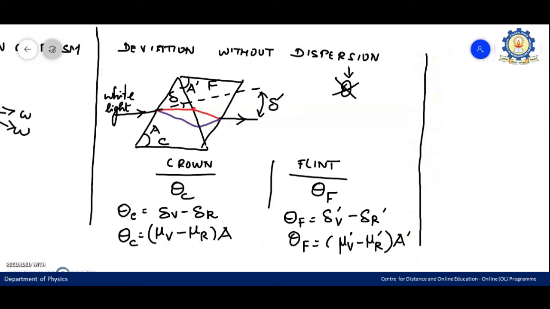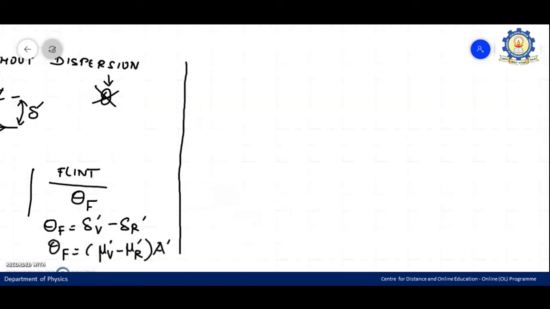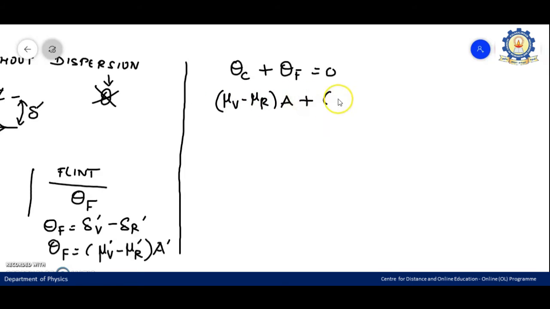So for achromatic combination, what we have said is that the net angular dispersion must be equal to 0. Angular dispersion of the crown plus angular dispersion of the flint must be equal to 0. So let us write the equations with the refractive indices. (mu v minus mu r) into A for the crown plus (mu v prime minus mu r prime) into A prime for the flint is equal to 0.